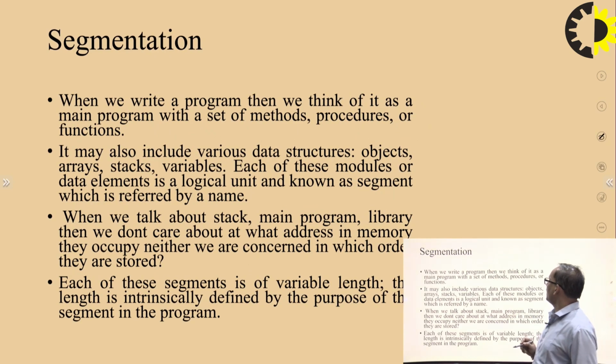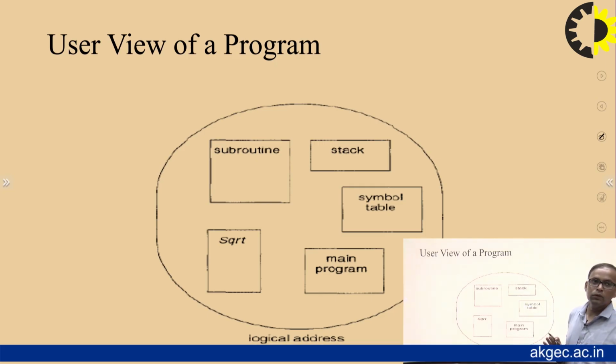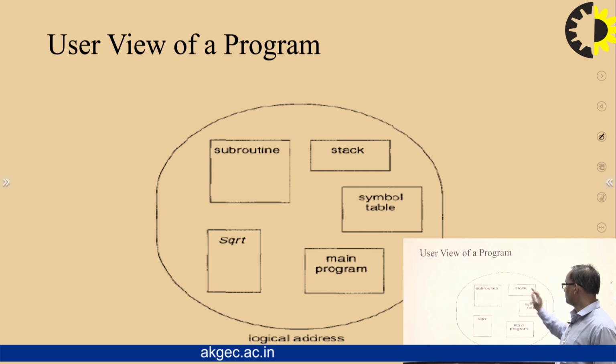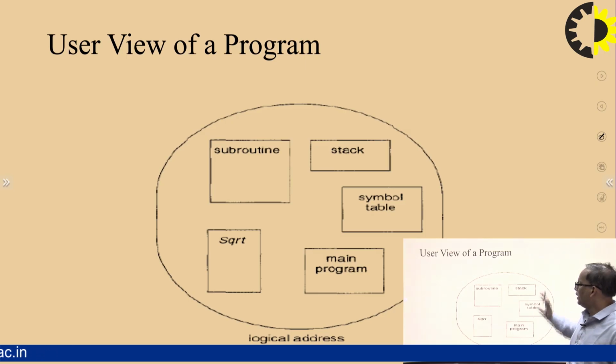When we write a program, we think of it as a collection of different types of sets. This is the visualization of a particular program. Suppose there is a program, and we have divided it into 5 segments: segment 1, segment 2, segment 3, segment 4, segment 5. Segment 1 is the subroutine, segment 2 is SQRT, then main program, symbol table and stack.